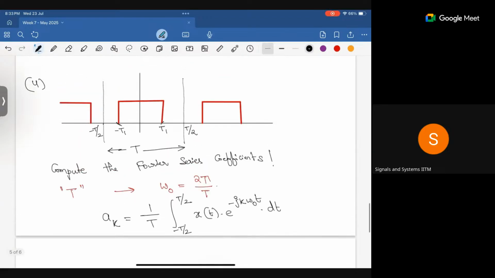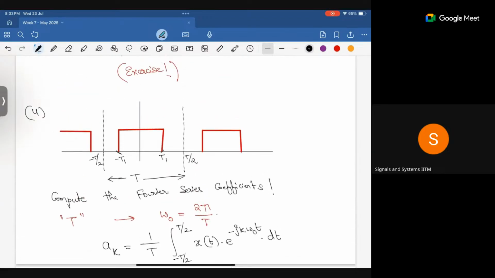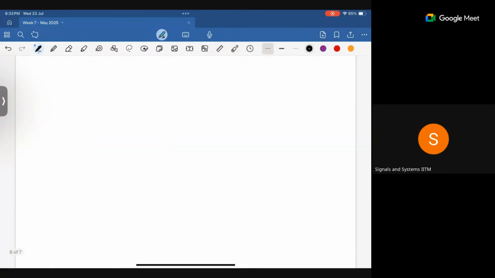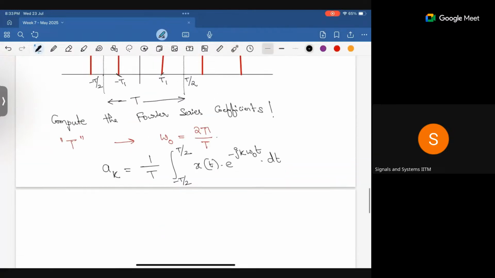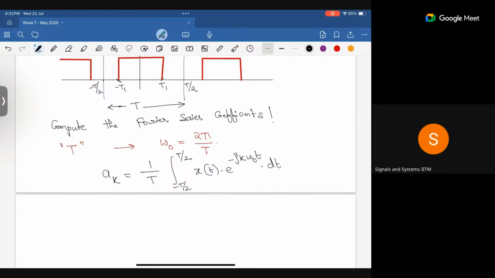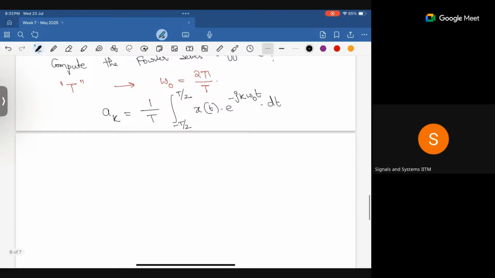It is always good practice to compute a0 separately and compute a_k for k not equal to 0. Instead of doing it in one go, I always suggest you do this in 2 steps, with no exception. Compute for k equals 0 first.